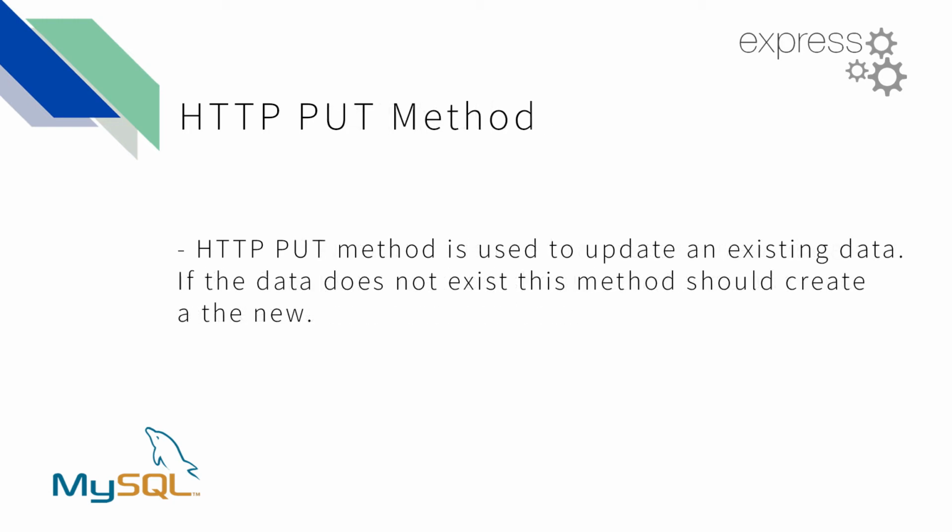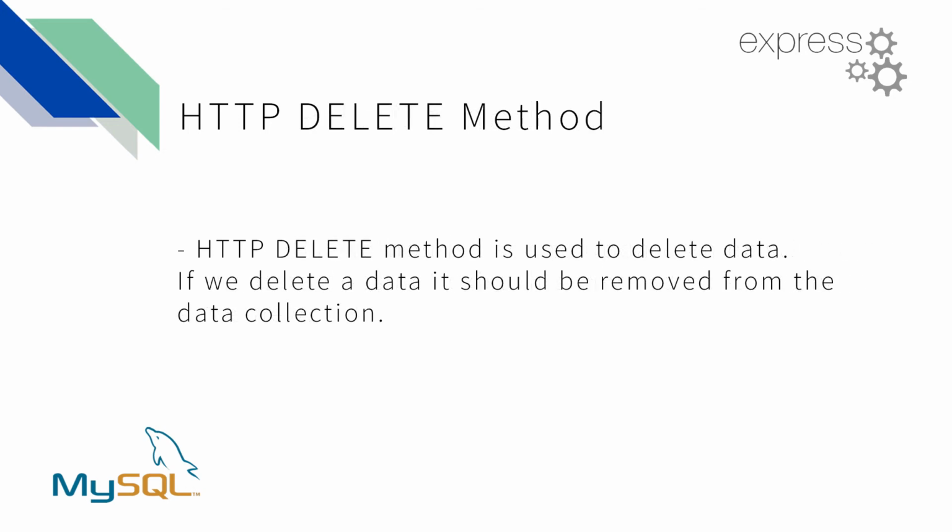So we have the PUT method. The HTTP PUT method is used to update existing data. And if the data that you want to update does not exist in your data collection, this method should create the new data that you want to update. Last but not least, we have HTTP DELETE.